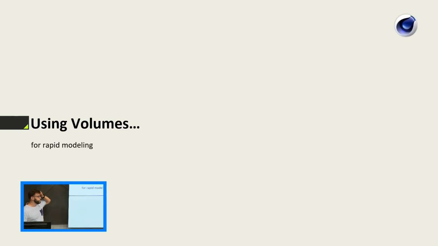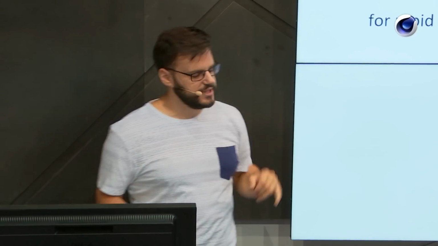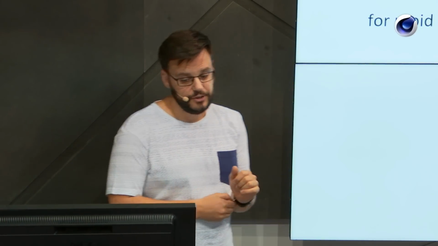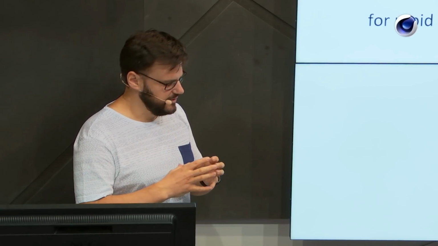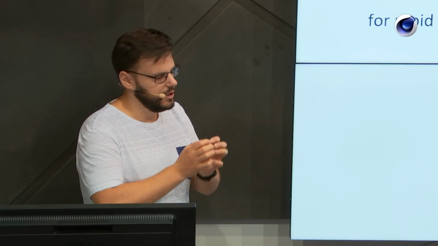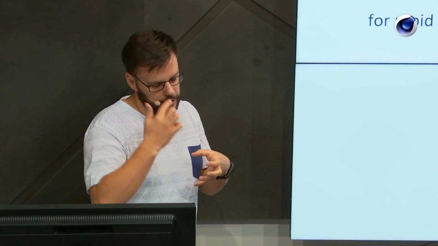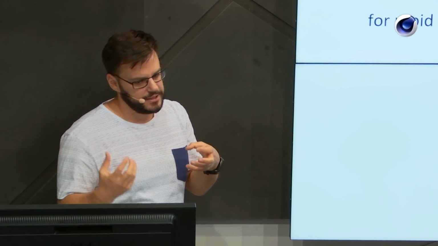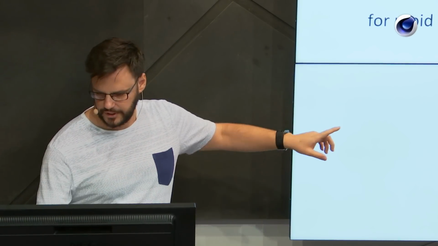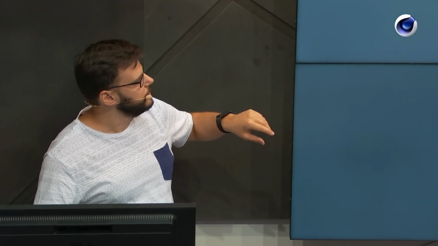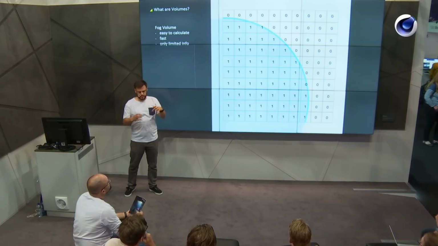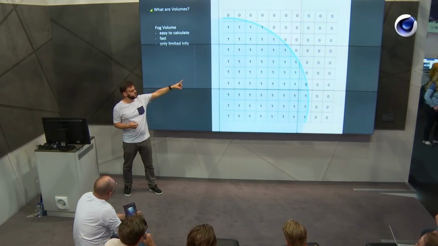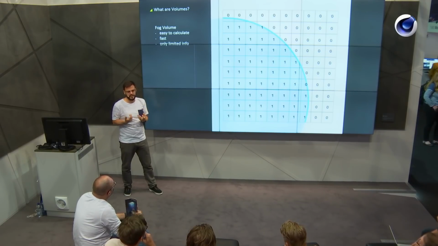Now, what could you use volumes for? You can use them for modeling, and for very rapid modeling at that, because what signed distance fields and also volumes are very good for are Boolean operations, when you want to subtract one object from the other. If I just go back to a fog volume, here it's very easy if you have 2 objects to subtract the objects from each other, because all you have to do is calculate 1 minus 1.